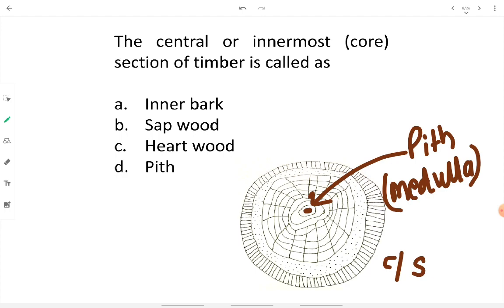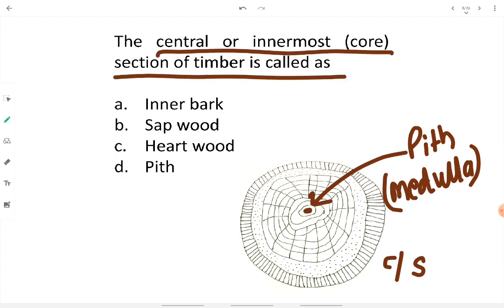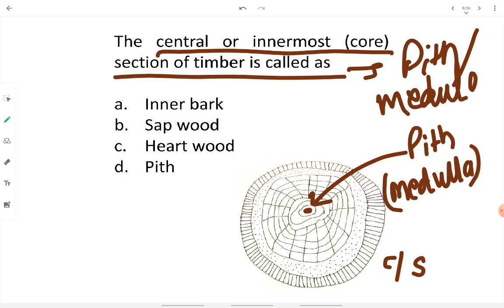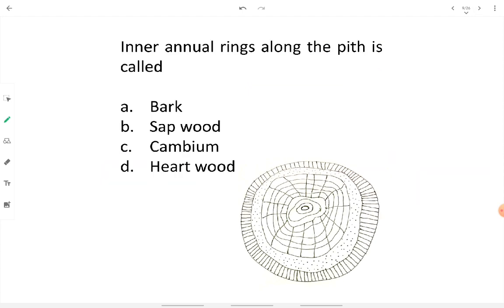The central or innermost core section of a timber is called pith or medulla. Option D is saying pith. Pith is the core center, the centermost item present in the cross section of a timber log. So let's go to the next question.